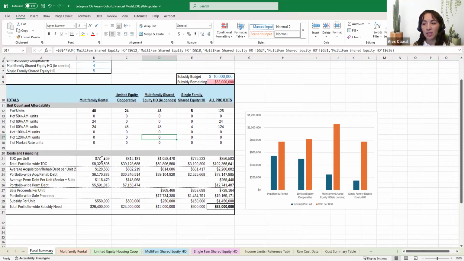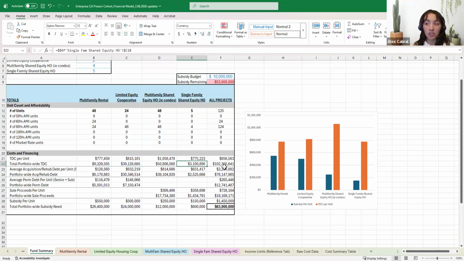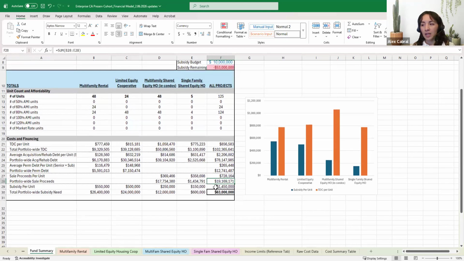And down here below, it's giving us some averages per unit per the type of project and across all projects. And it's also summing, right, total development costs across each project type and across all projects. And what might be relevant to us is the subsidy per unit per project type and the subsidy portfolio wide.